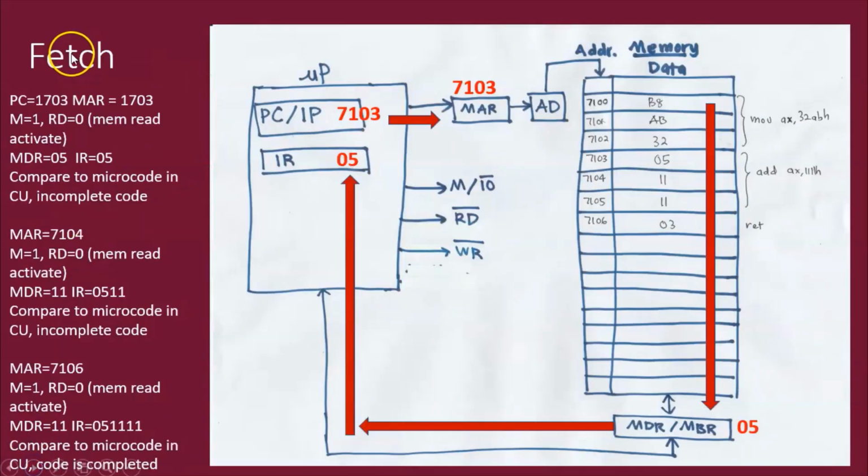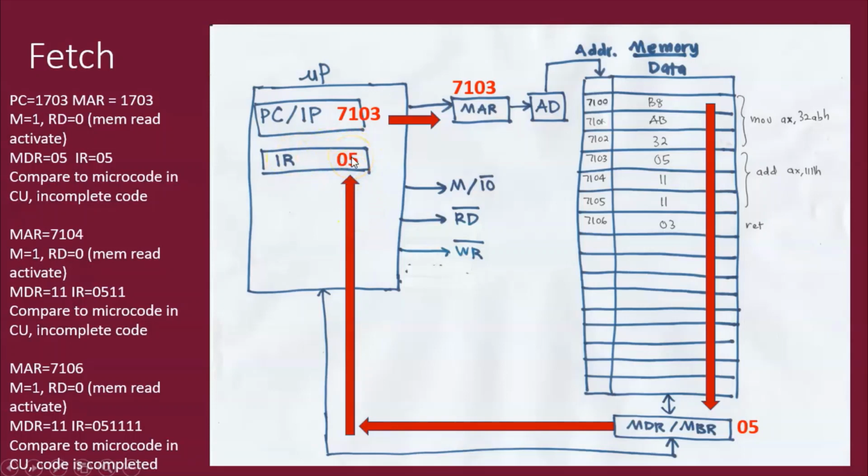Okay, and then next, it has to fetch the next instruction. Next instruction at 7103. And then MAR will have 7103. And then it will go to the 7103. And then it has 05. 05 will be put into MDR. And this 05 will be written into IR.